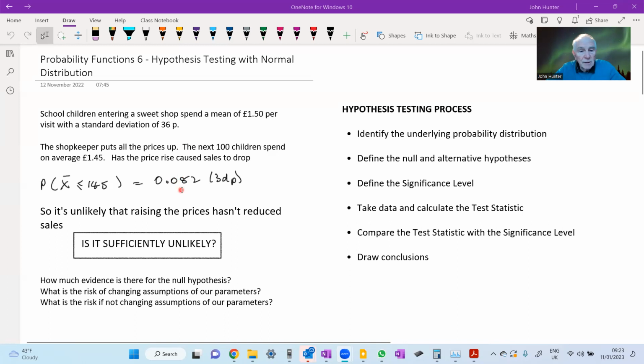So is that very unlikely? Is it enough for us to actually say, yes, the price rise has caused sales to drop? Well, that was the conclusion we ended up with in the previous video. But the point is, is it sufficiently unlikely for us to want to change our assumptions as to what the mean is?